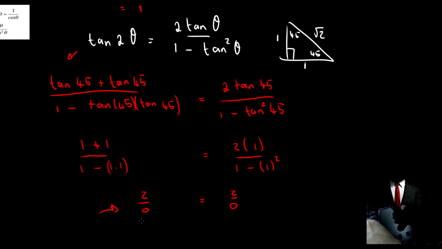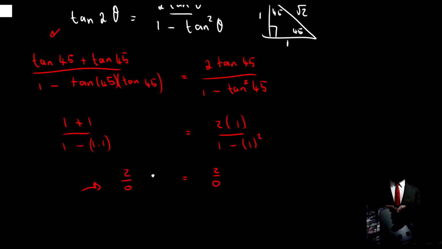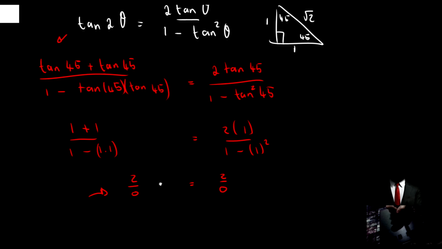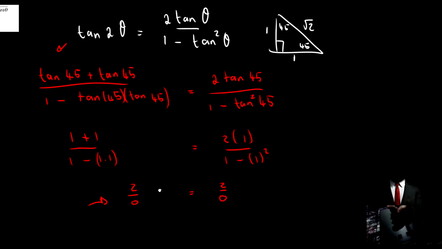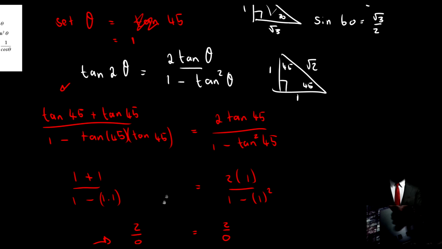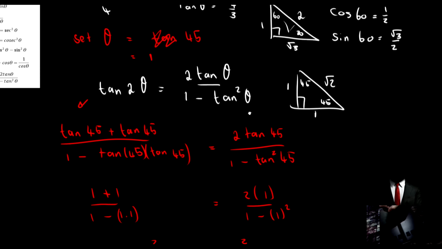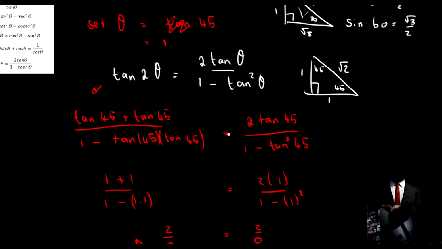Now, this is undefined, right? But I just wanted to use some values to talk about these identities, or at least give an introduction to all these identities, just so you can get familiar with them before you start practicing some real questions.